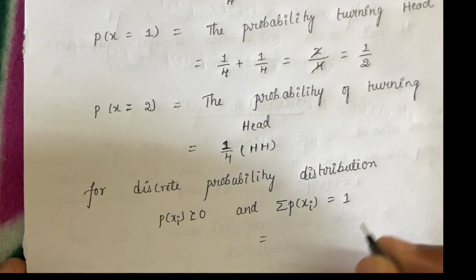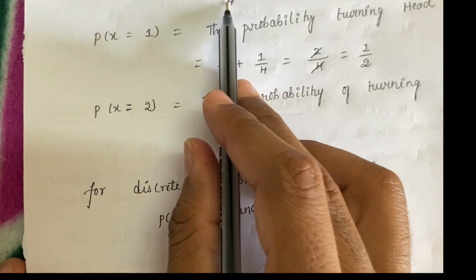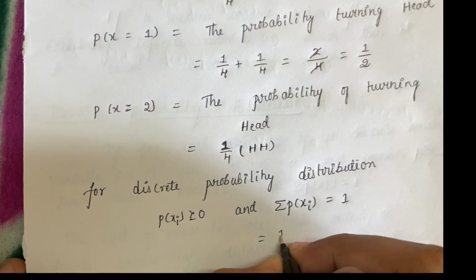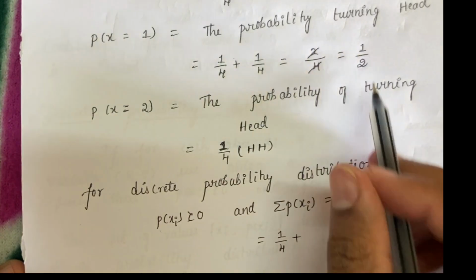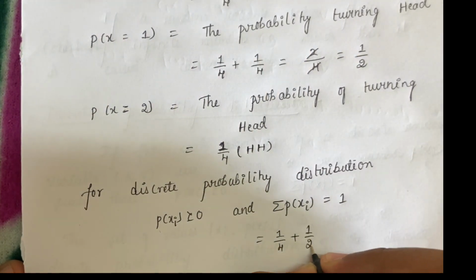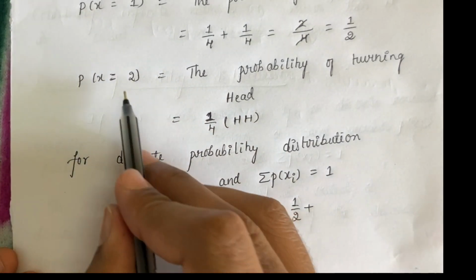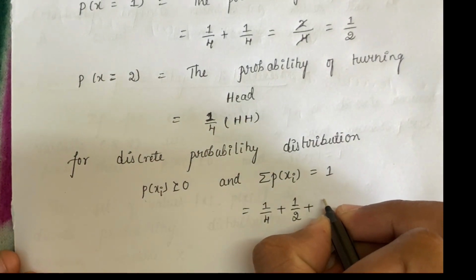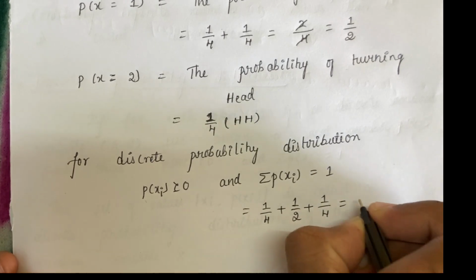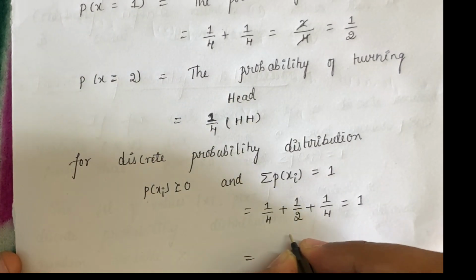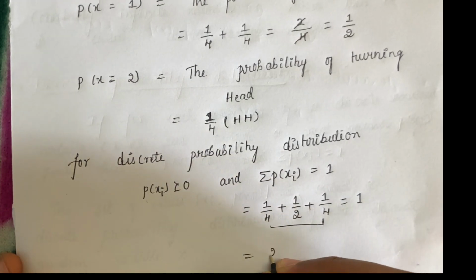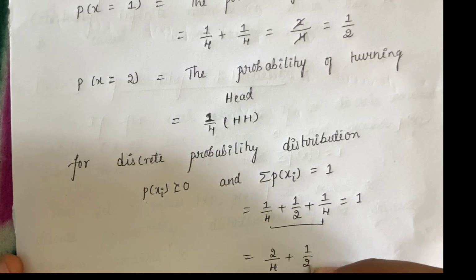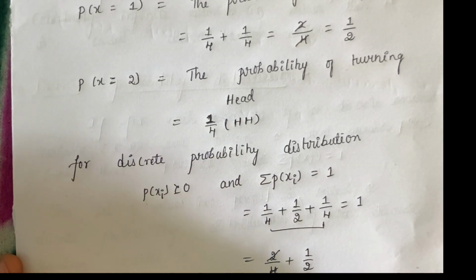For that, I will take first p of x equals 0, that is 1 by 4, plus p of x equals 1, that is 1 by 2, plus p of x equals 2, that is 1 by 4. Is that equal to 1? First I will combine these two: 2 divided by 4 plus 1 by 2. 2 1s are 2, 2 2s are 4.